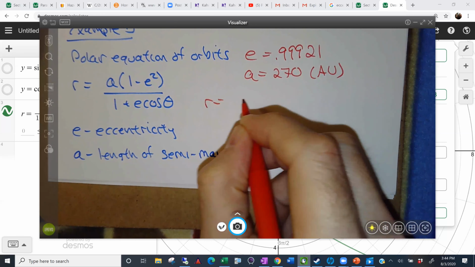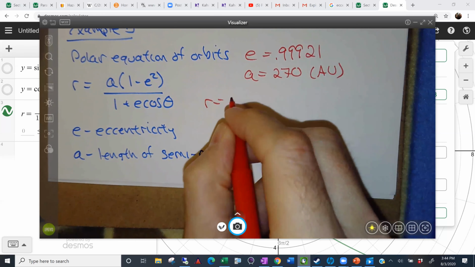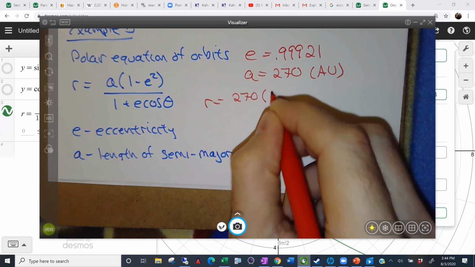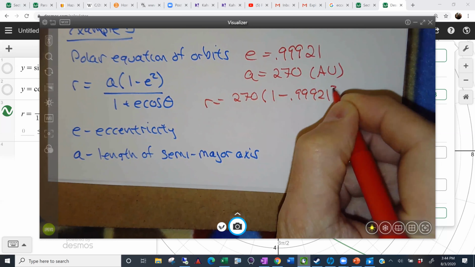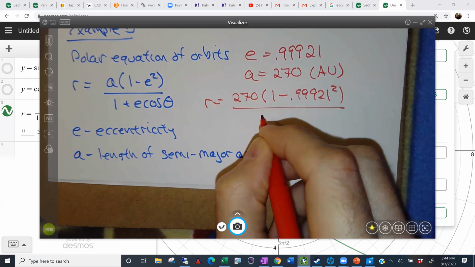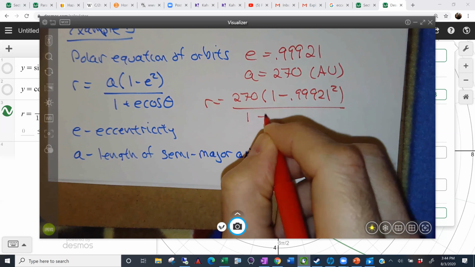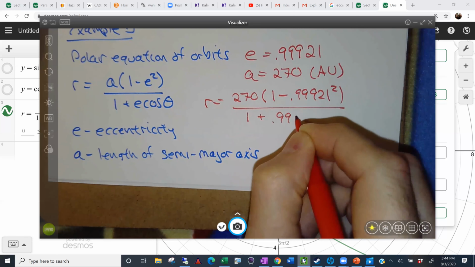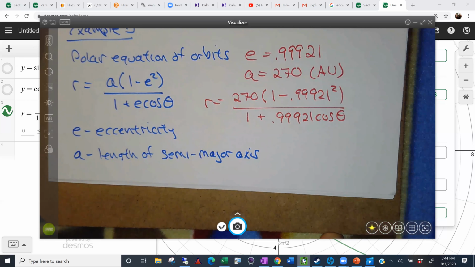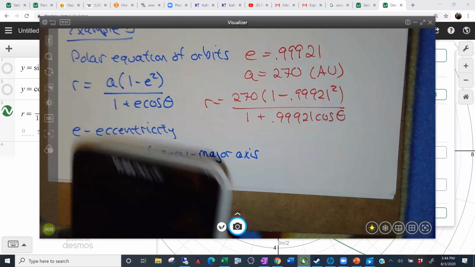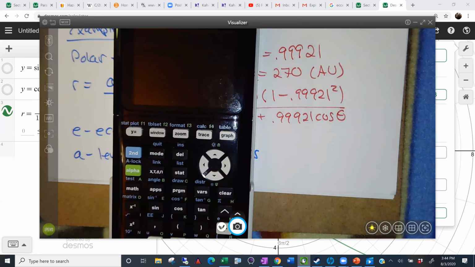And we get R is 270 times 1 minus 0.99921 squared divided by 1 plus 0.99921 cosine of theta. And I probably wouldn't mind if you clean this up a little bit in the numerator. So let's do that.